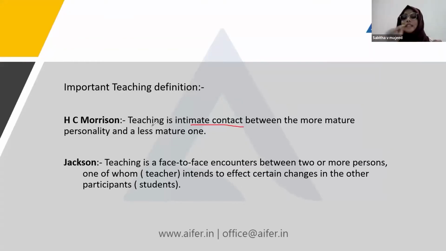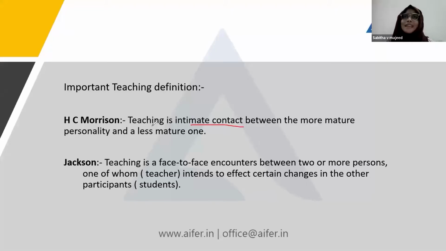Here, Morrison referred to the more matured personality as teacher and the less matured personality as student. So a teacher-student relationship, a close contact between a teacher and student, happens in teaching, according to him.